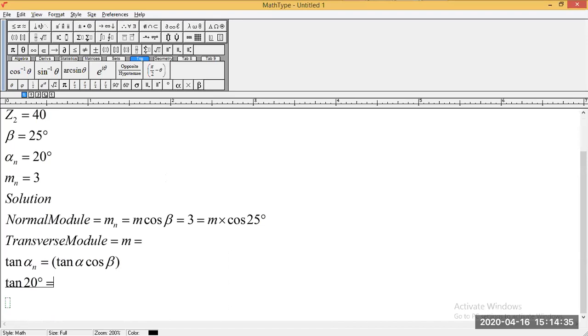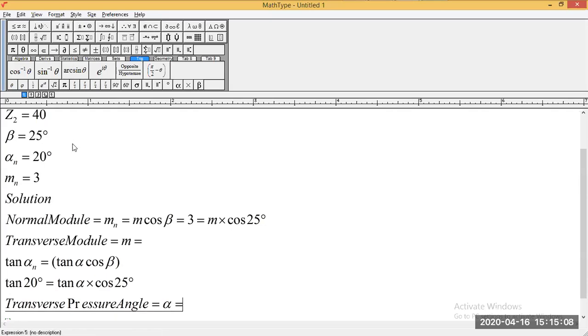So this equals tan alpha times cos of beta, that is 25 degrees as given in the question. Now here we need to find alpha, that is the transverse pressure angle. So you can calculate and post in the group chat for everyone to see.